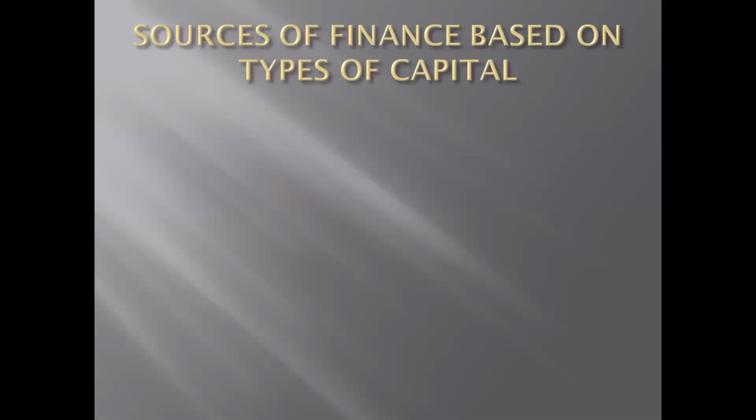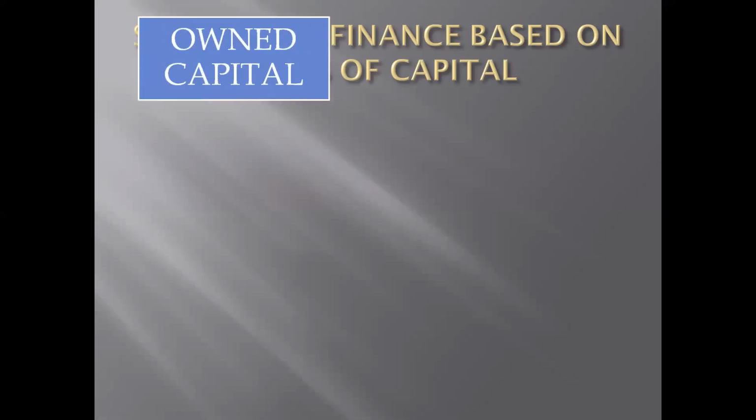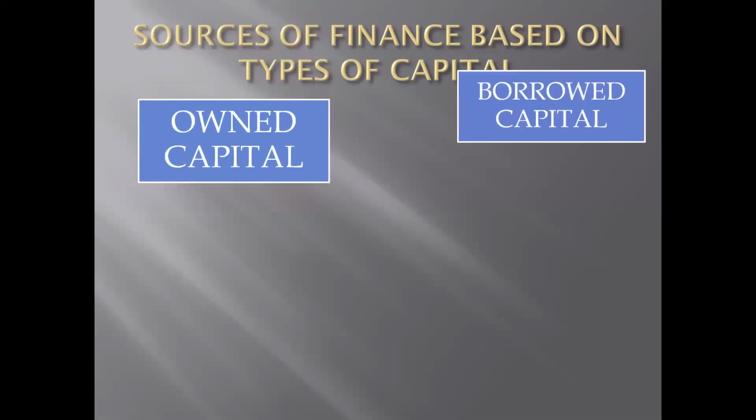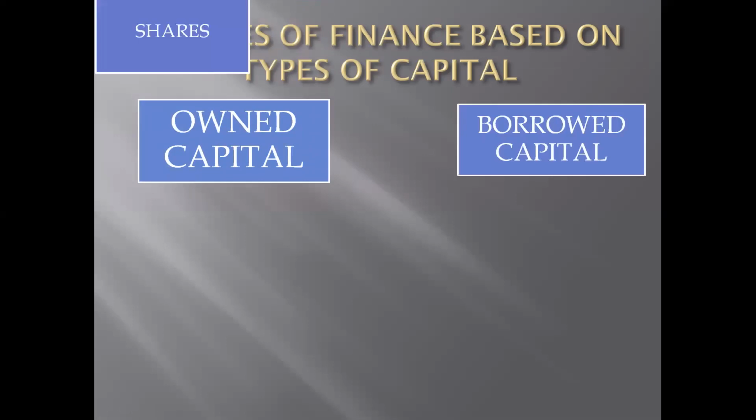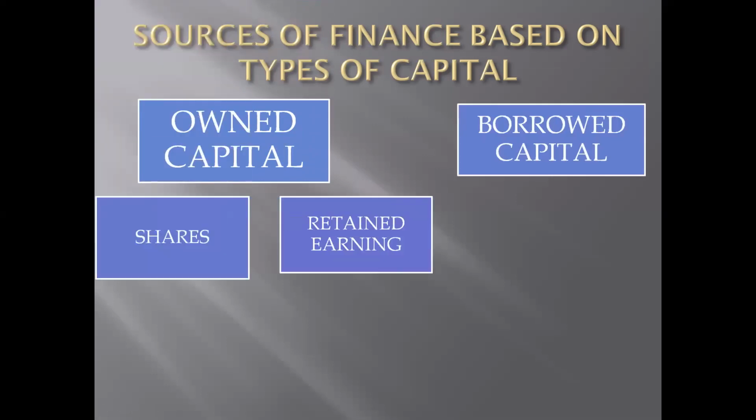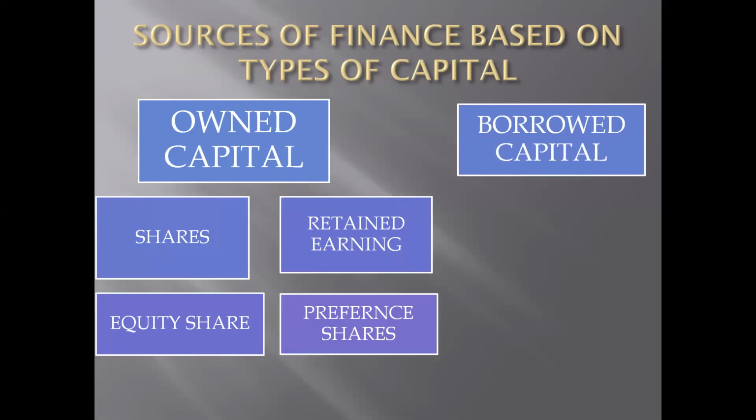There are two types of capital, that is owned capital and borrowed capital. Under owned capital, there are shares and retained earnings. Under shares, we have equity share and preference share. There are two types of shares: one is equity share and one is preference share.